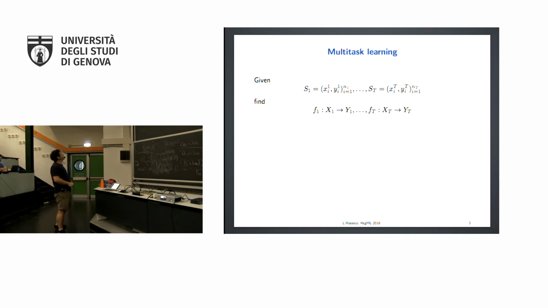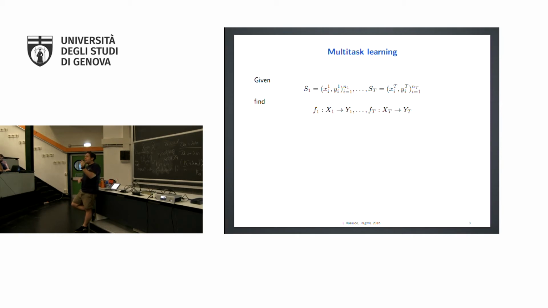So both these problems can be seen as a big superset, a super duper general problem, which I write here in some notation with a bunch of indices. But really, if you think about it, this is just taking not one learning problem, but T learning problems, just T of them.